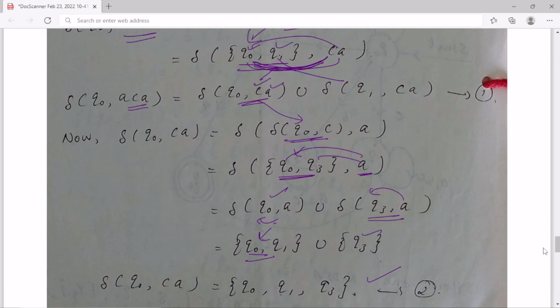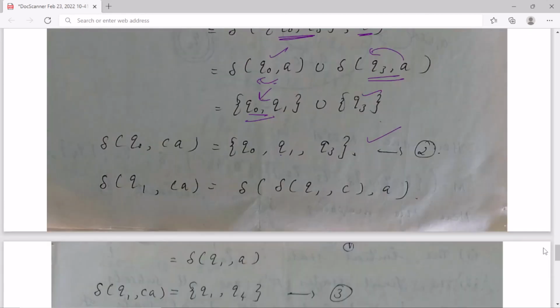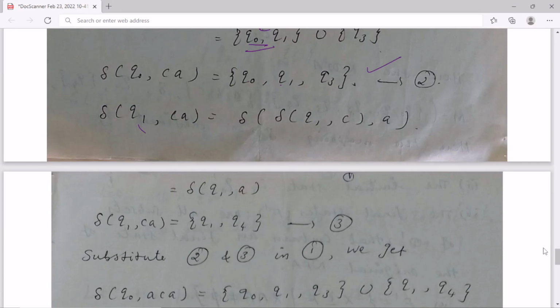Next we have to calculate Q1 comma CA. The same process. So Q1 comma C comma A. In Q1 comma C you have only one possible state, that is Q1 alone.